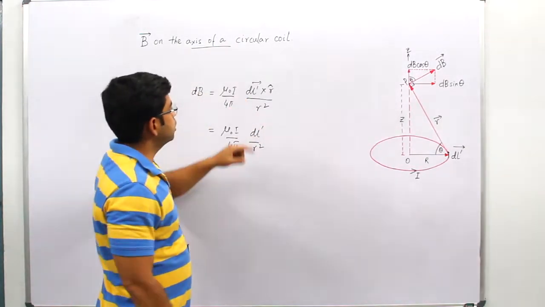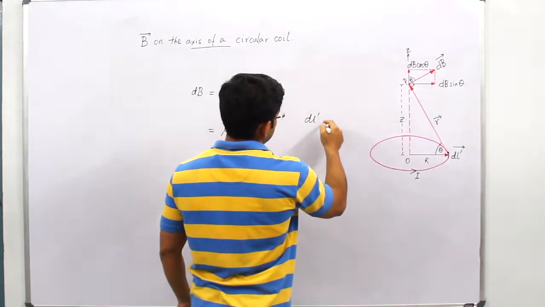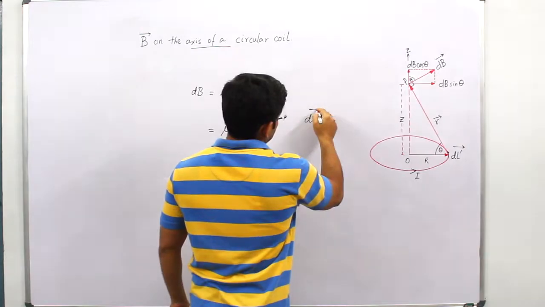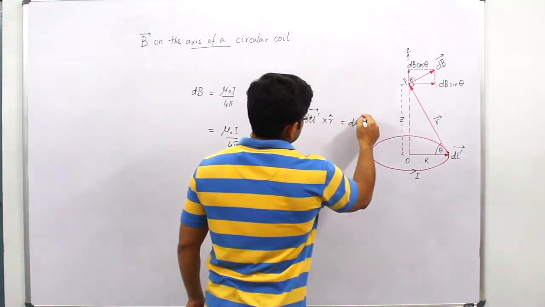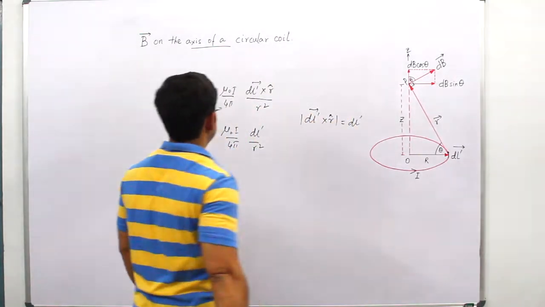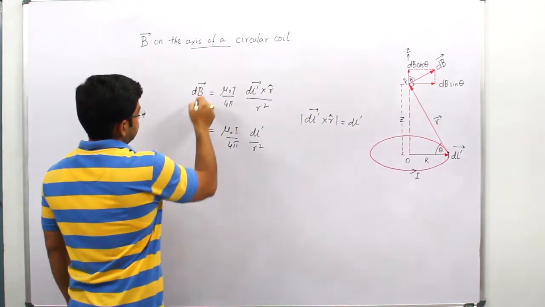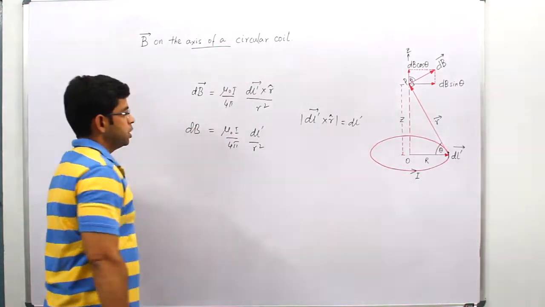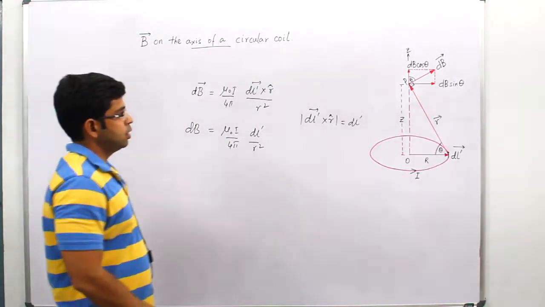So this cross product dl prime cross r will only give dl prime, considering only the magnitude. First let us consider the magnitude of the field.